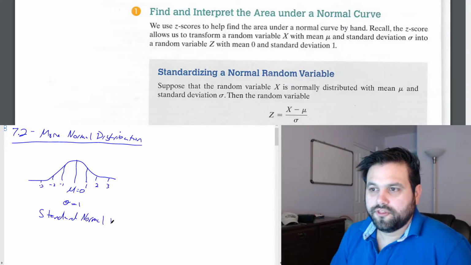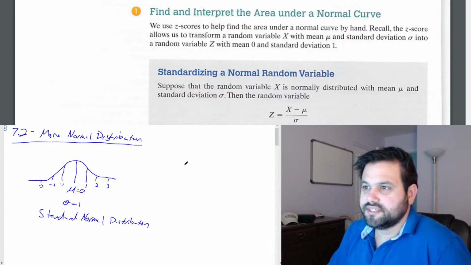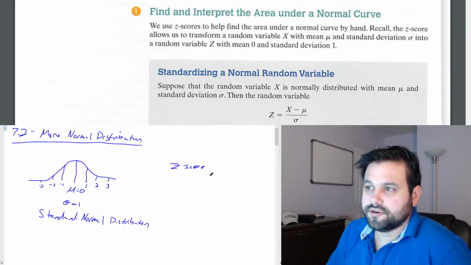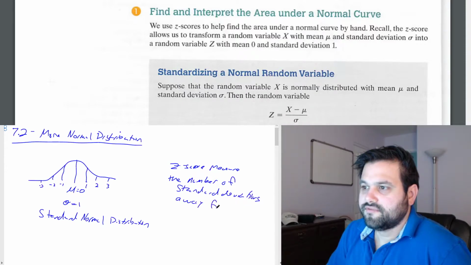Now, this is the same as the z-score. So if you remember what z-score was, how we used it before is we used it to measure the number of standard deviations away from the mean, right?